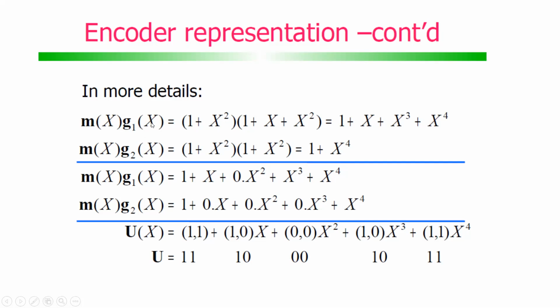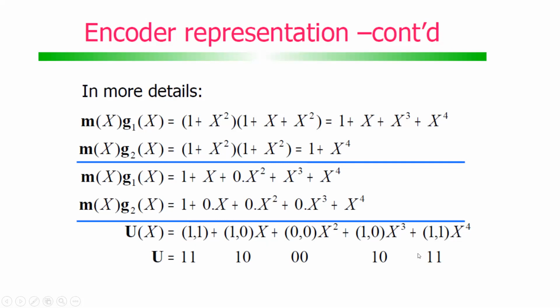G1(x), which is the first generator polynomial, is 1 plus x square. We can multiply it. For the second case, we can also multiply 1 plus x square times 1 plus x square, we'll get 1 plus x4. Then we take m(x) g1(x) separately, m(x) g2(x) separately, and for any term whose coefficient is 0, we put the coefficient 0 there, and we take the coefficients out. 1, 1 is taken here, 1, 0 is taken corresponding to x, 0, 0 is taken corresponding to x square, and so on.